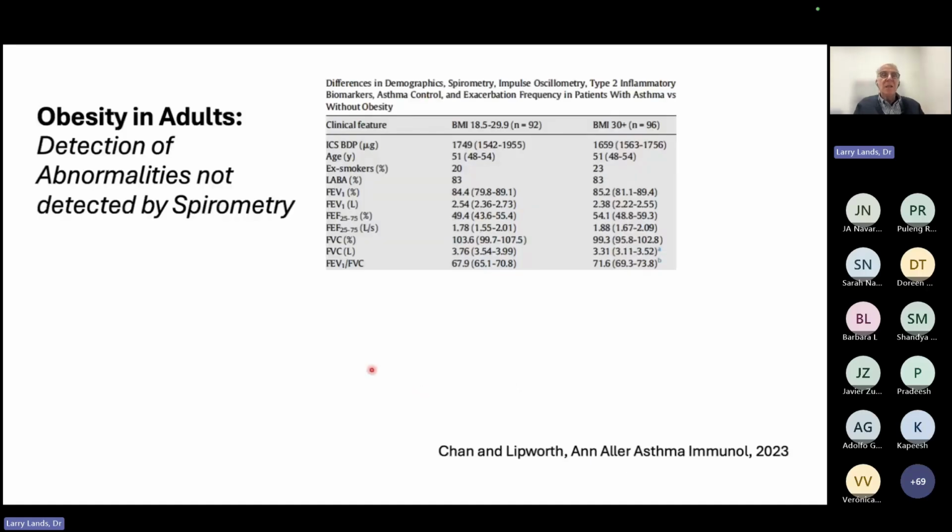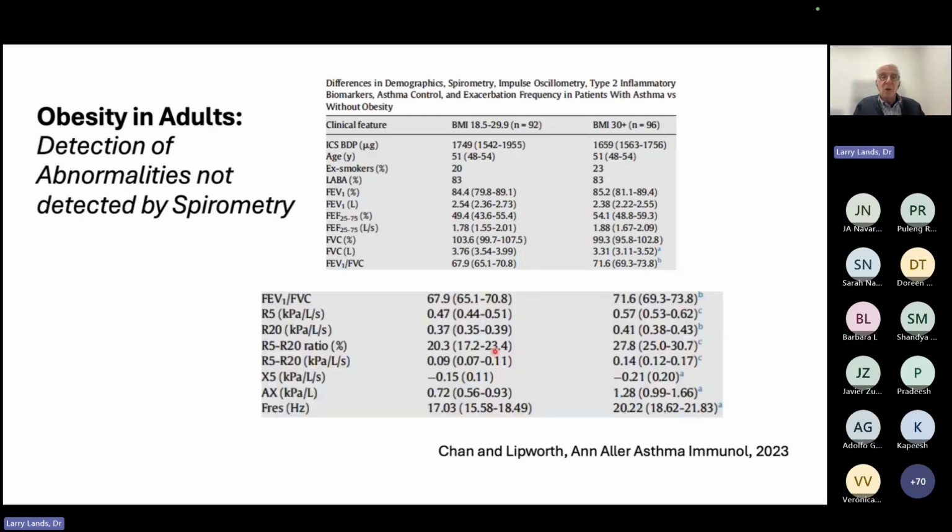Here is a study done in adults, and you can see that between those with a BMI under 30 and those over 30, the FEV1 percent predicted really was not different, but there was a difference in FEV1/FVC.